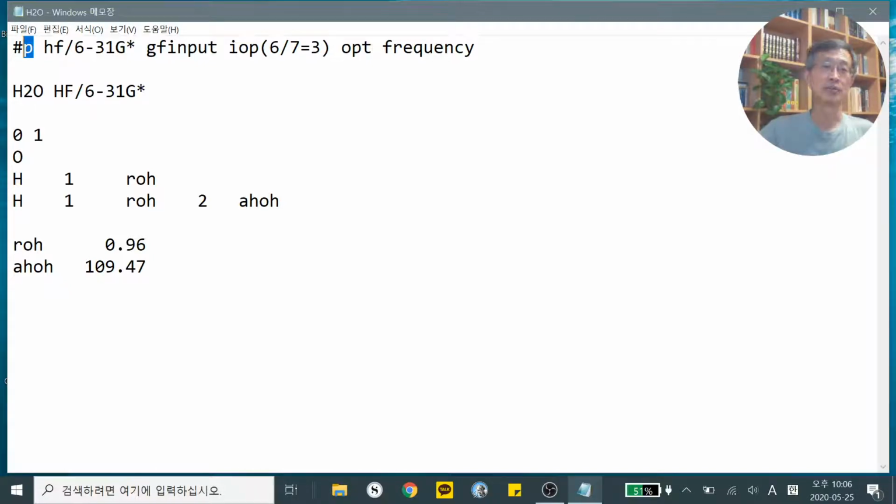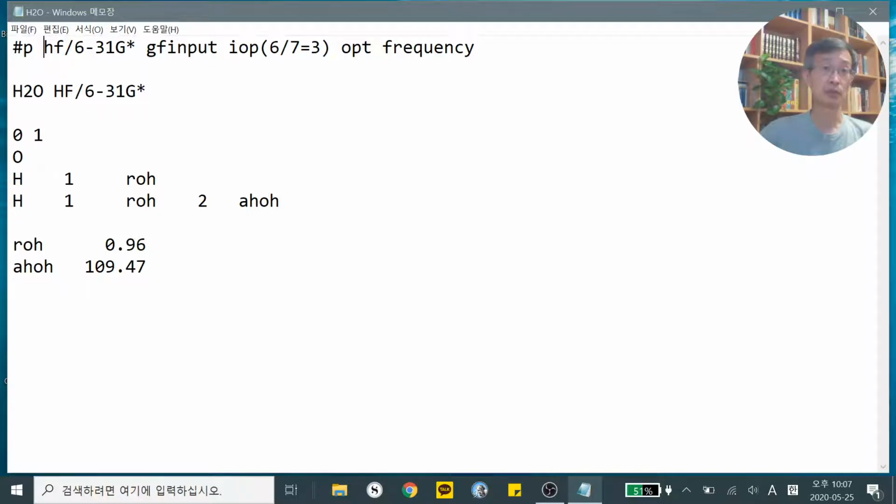But if you say P, it is verbose printing, so it prints what it does and gives you more output. Also HF means that it's the Hartree-Fock method. If you say DFT, it's the DFT method, or MP2 for MP2 calculations, just like that.